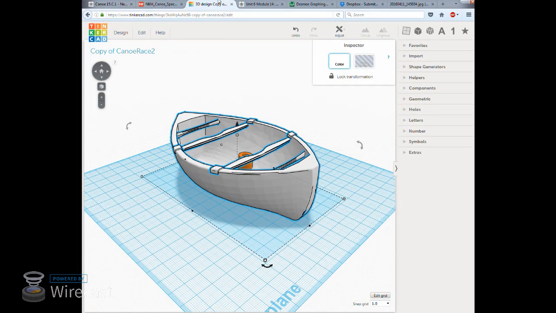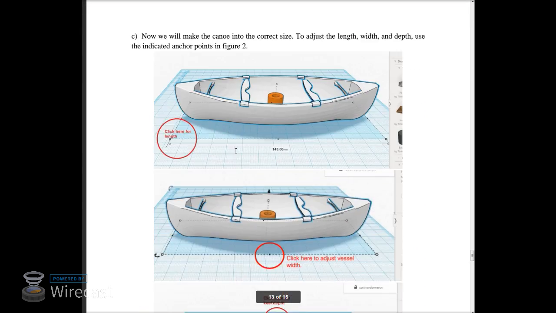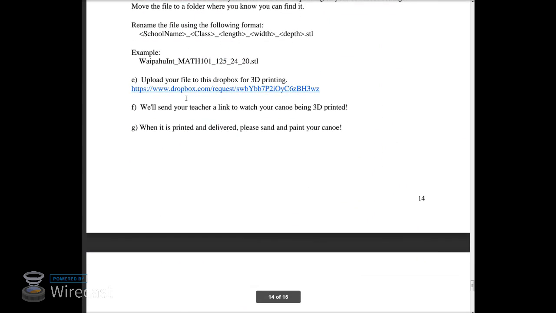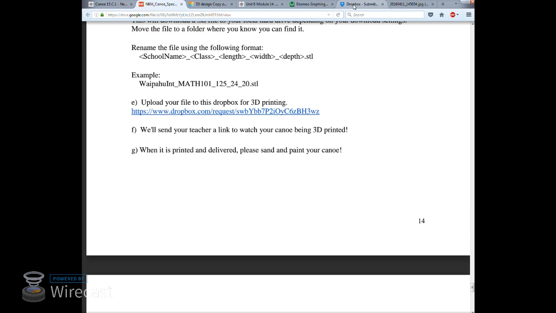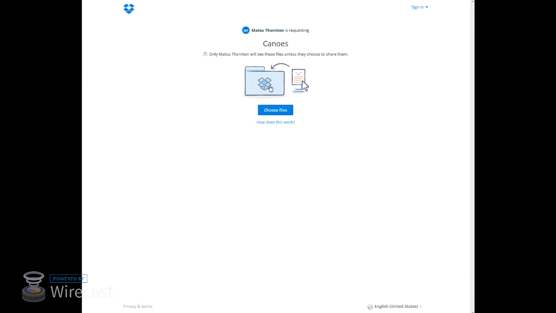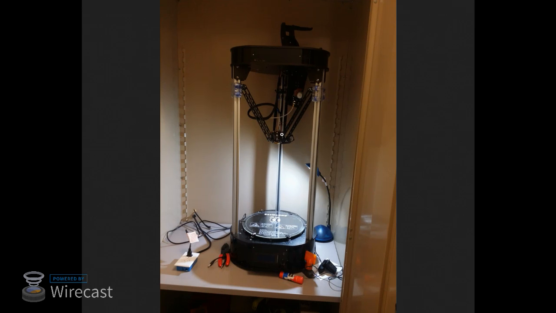And then once you've designed it to match the dimensions that you decided was appropriate for your canoe team, the last part, you can click on this drop box. You can save the model and then drop it off in this drop box. And then what we'll do is we'll download your model, and then we can print it with this 3D printer that we built.